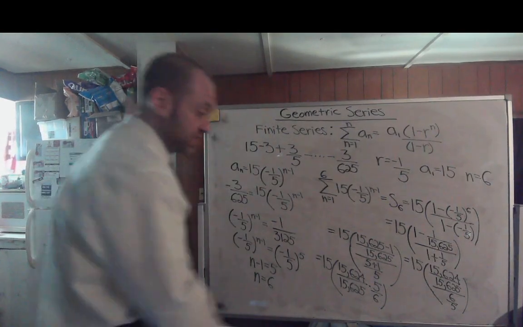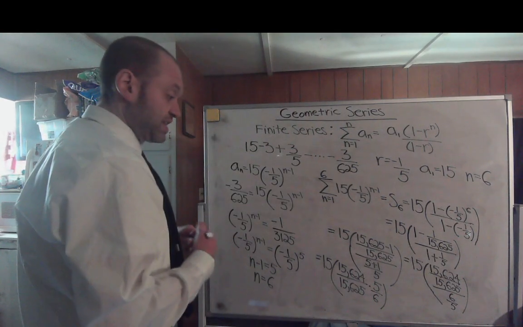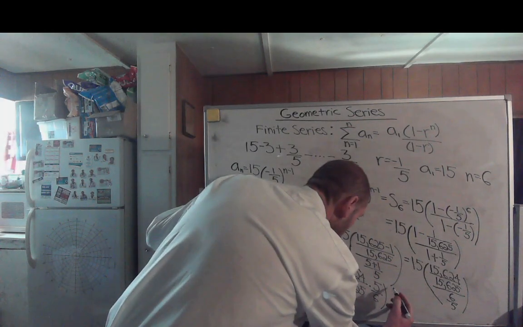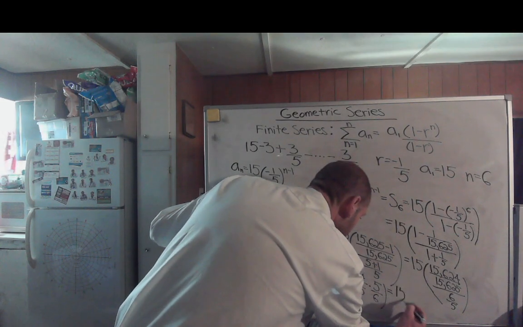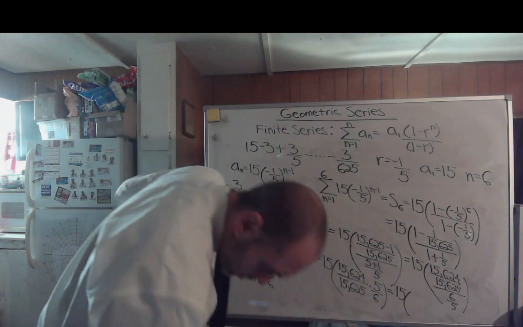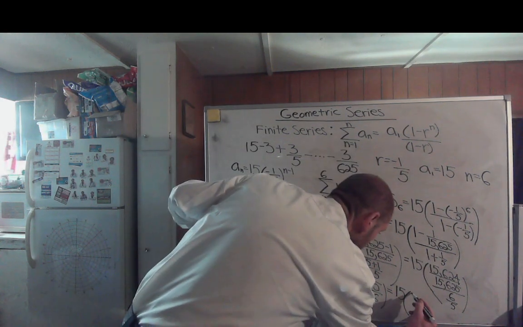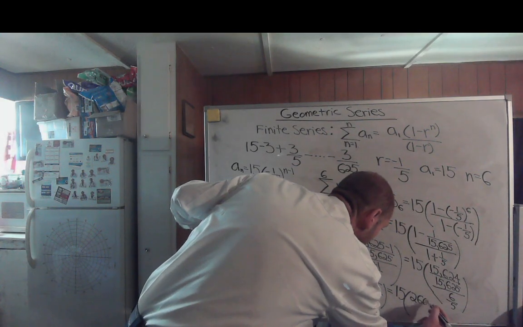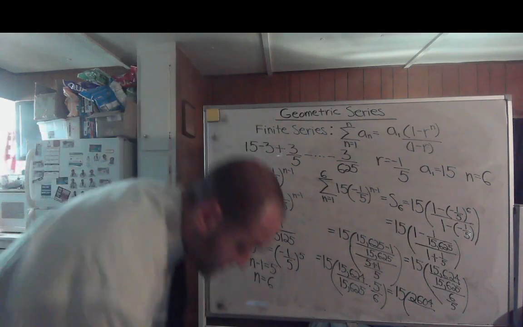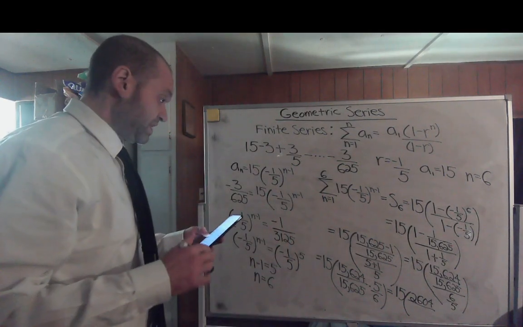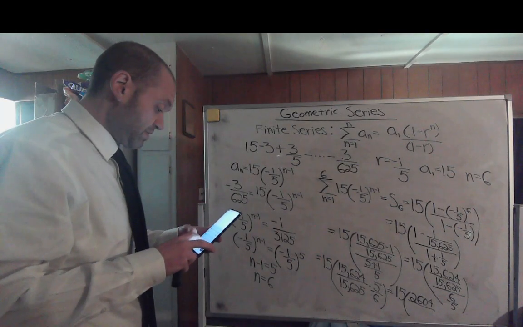Well, good news is 6 cancels with 15,624. This is going to end up equaling 15 times, in the numerator you'll have 2,604, all over your denominator. We know that 15,625 and 5 will cancel out.